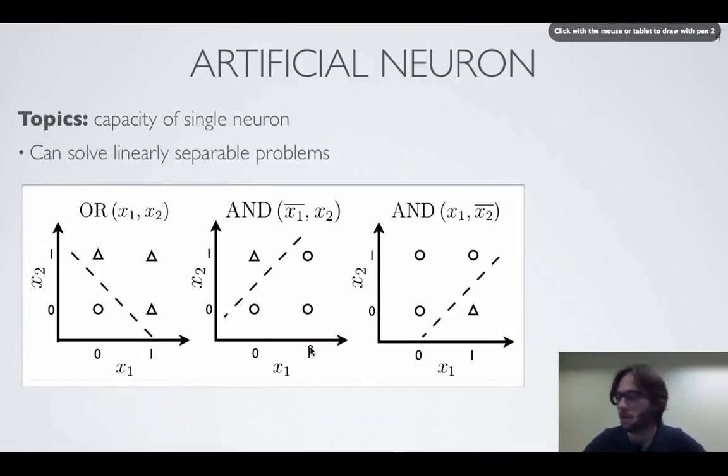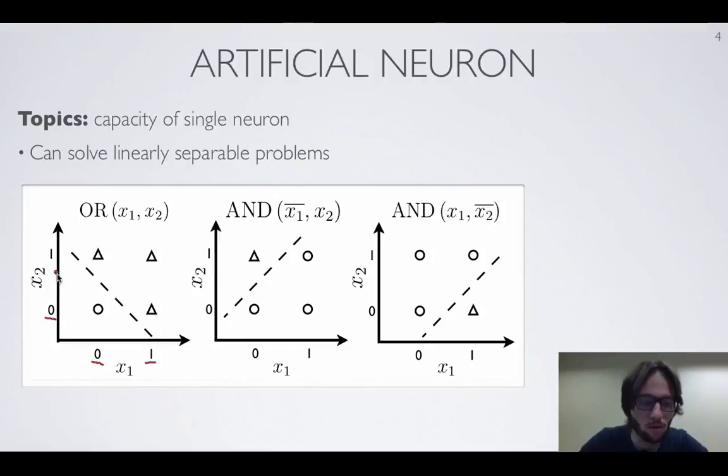Here are a few examples of simple functions which can be modeled by a linear classifier. We have binary inputs x1 and x2 that can each be 0 or 1. Take the OR function of x1 and x2. For 0, 0, it would output 0, so that would be class 0. For 1, 0, 1, 1, or 0, 1, it would output 1. The triangles correspond to class 1.